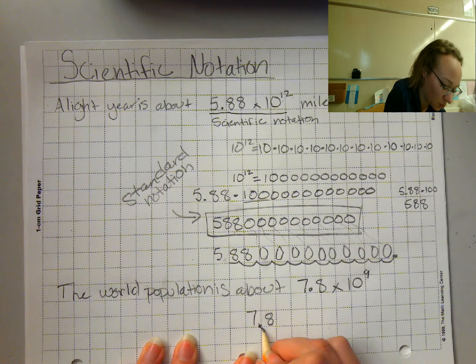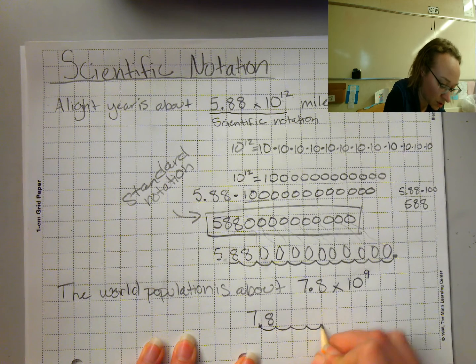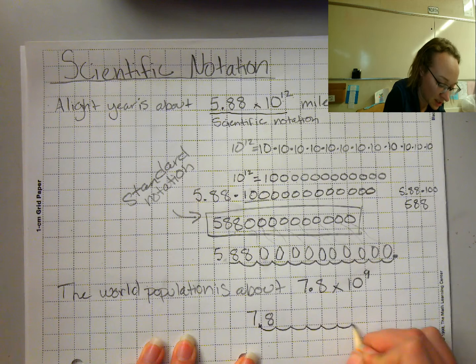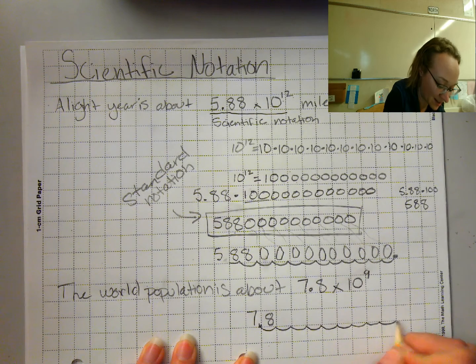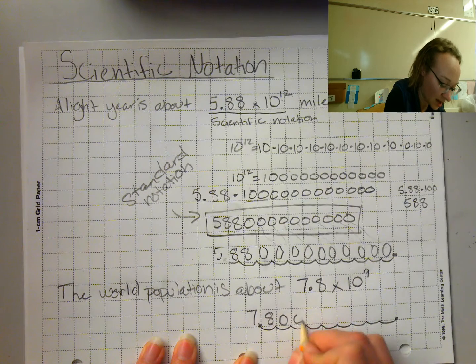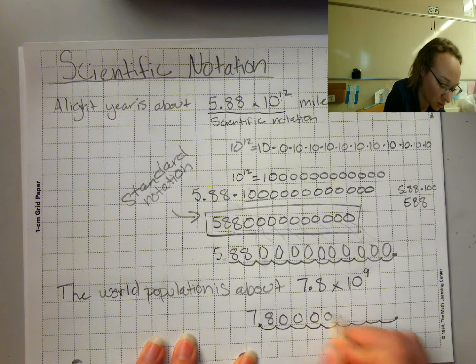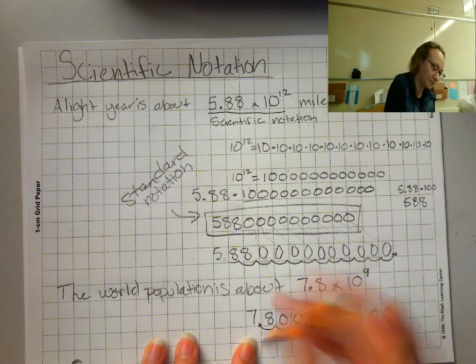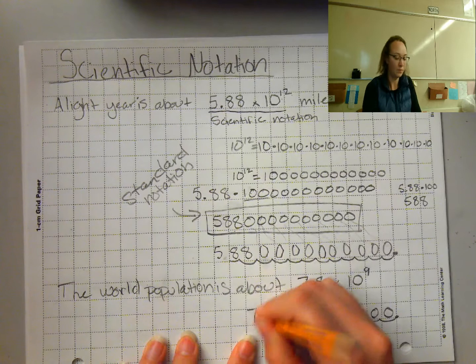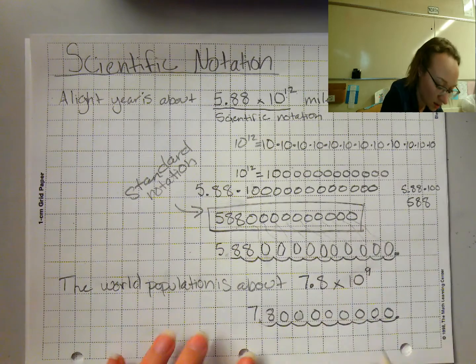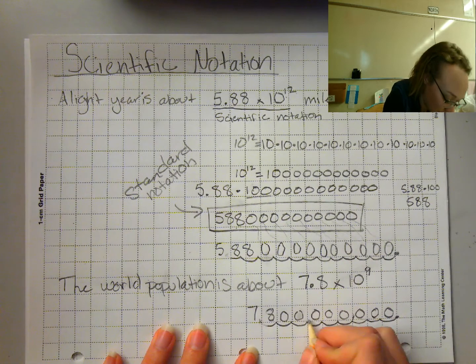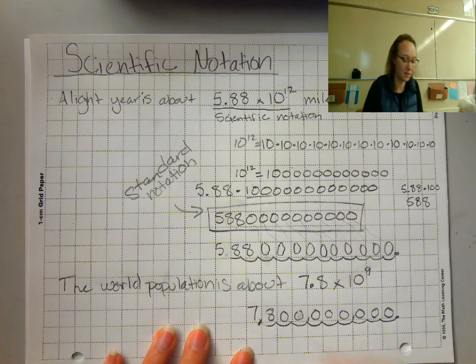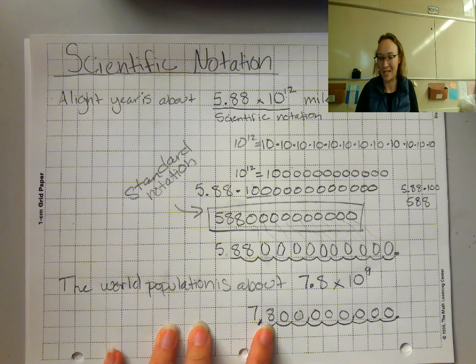Hopefully you moved over 1, 2, 3, 4, 5, 6, 7, 8, 9 spots, which means you're filling in 8 zeros, because one of those spots was already taken up by that 8 right there. And that gives us approximately 7,800,000,000.